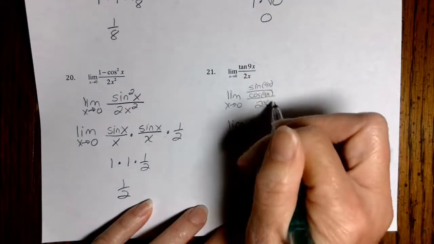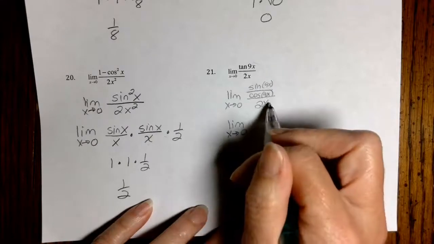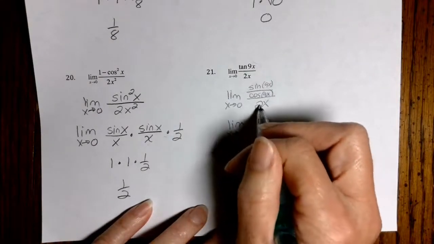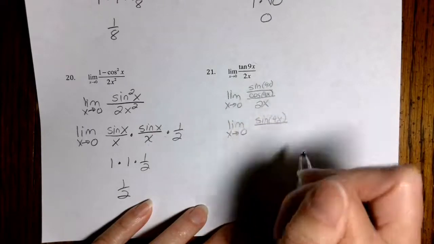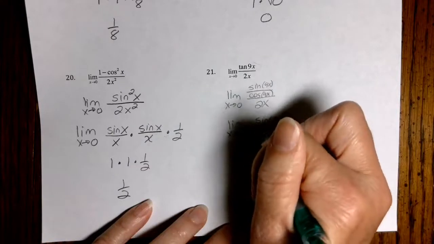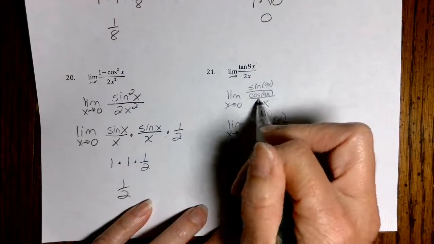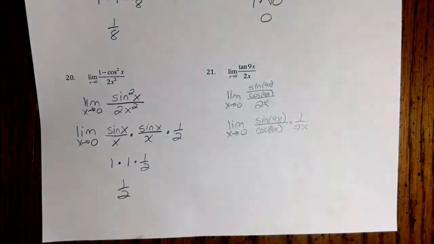I want to rewrite it so that it is not complex. Dividing by 2x is like multiplying by its reciprocal. So the sine of 9x stays in the numerator. The cosine of 9x is in the denominator. And now instead of dividing by 2x, I'm going to multiply by 1 over 2x.